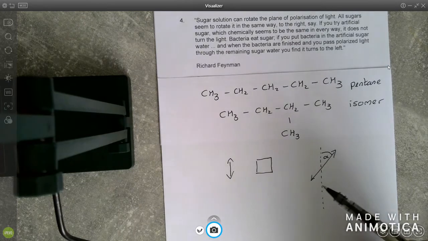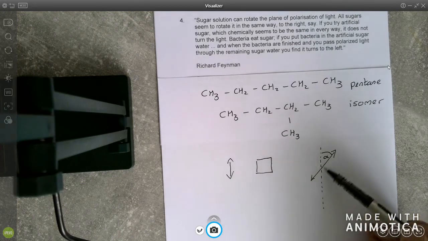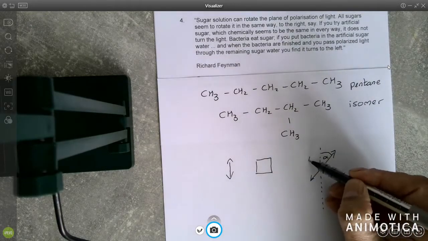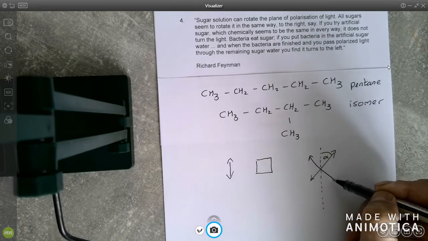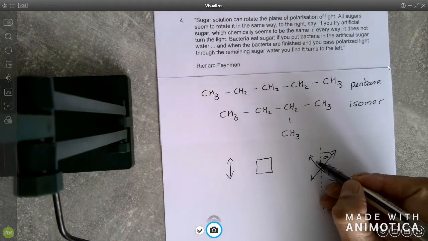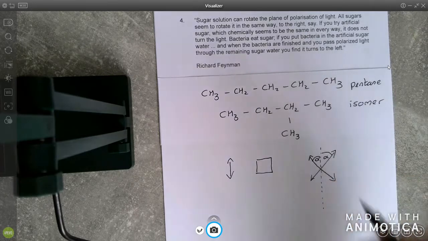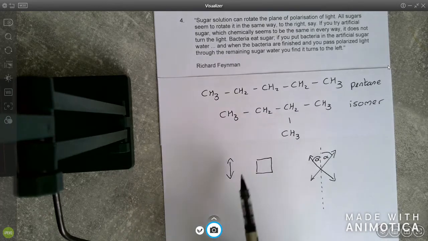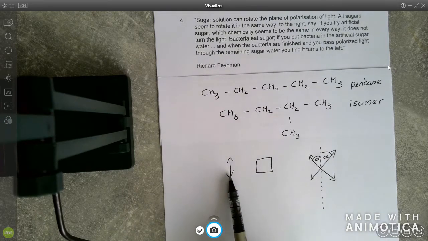So in natural sugar, you'll have a molecule which rotates the plane of polarization by an angle alpha, but there'll be the other type of molecule in artificial sugar which will rotate the plane of polarization by alpha, but in the opposite direction. So the net effect of that is that there is no effect on the original polarization of the light.